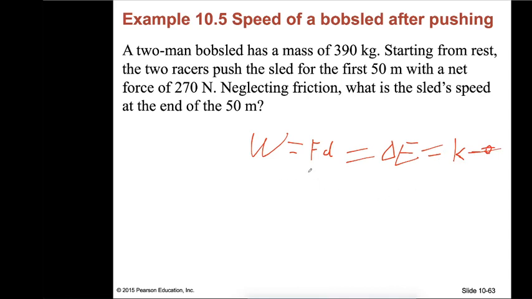So, do you know F, the pushing force? Yes, it's here. Do you know the displacement? Yes, it's here. Do you know the kinetic energy? We don't know, but we know the equation to calculate it, which is 1/2 mv squared.